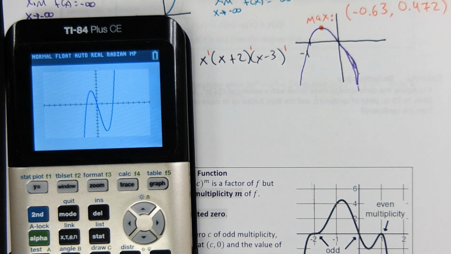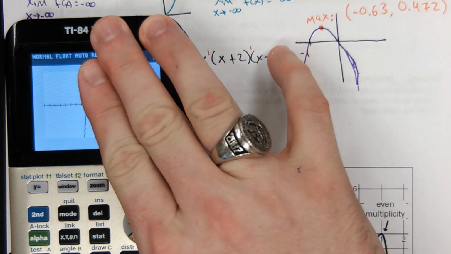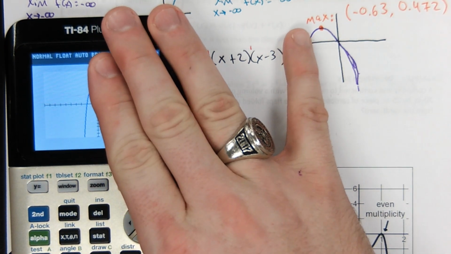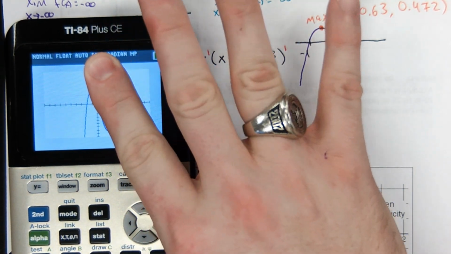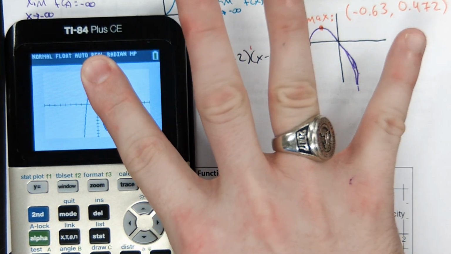What kind of equations have a power of 1? Linear, which stands for line, okay? Any root that has a power of 1 will interact with the x-axis like a line would have. It will cross right through the x-axis as if it were a line, because it's power 1.